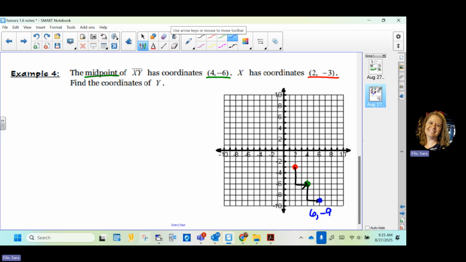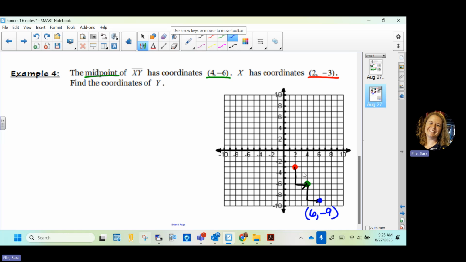So we wouldn't go up? Very good question. That is the most common mistake doing it graphically, going the wrong direction. You have to make sure you label the midpoint as the midpoint, because it needs to be in the middle. If I went from green to red and then in that direction from red, the green is no longer the midpoint, the red is.